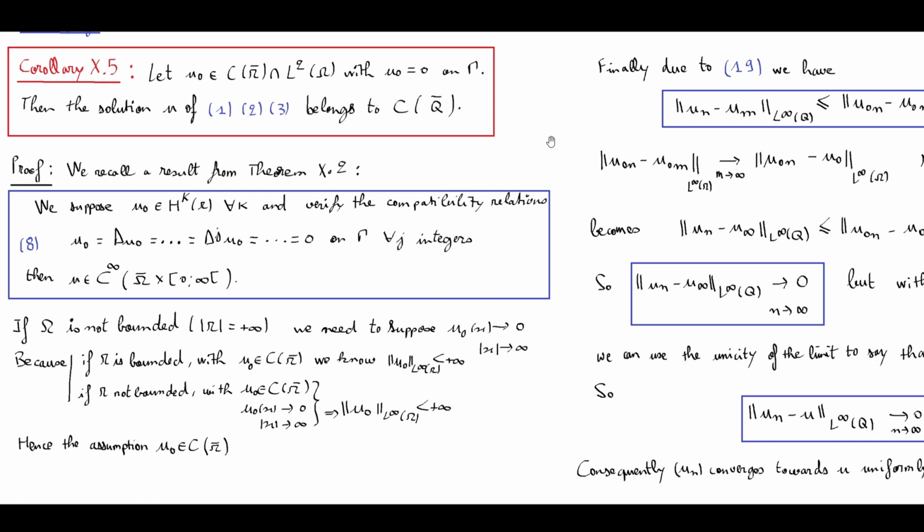If omega is not bounded, with U0 in C of omega bar and the hypothesis we just added, we know that the L infinity norm of U0 on omega will be also finite. Hence, the assumption U0 is in C of omega bar.